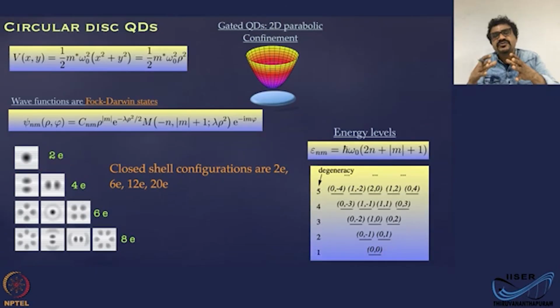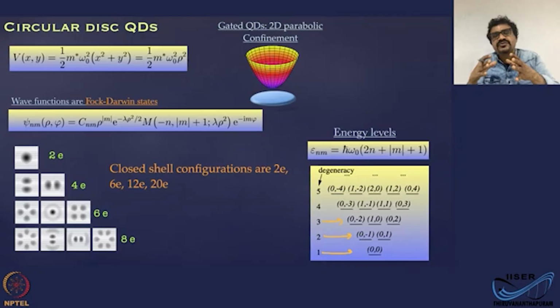Okay. This is one. And the second one can take 4 electrons. When you fill 4 in the second level, that state is also completely closed. Similarly, the next one can take 6 electrons in total. That means when you fill that, you will close that shell also.